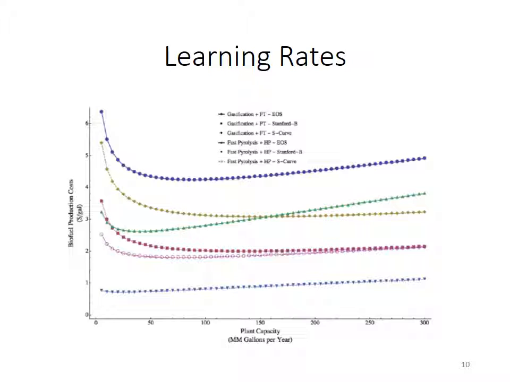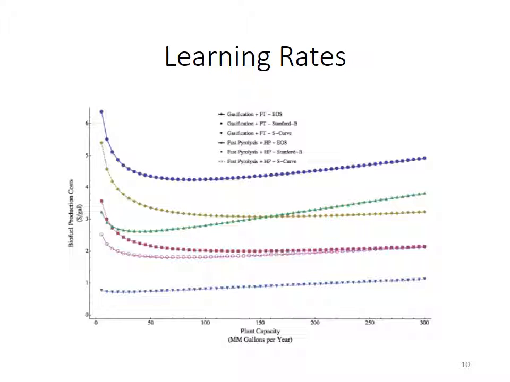The takeaway from this slide is that, for example, if you start at the very top with the blue circles, you can see that the impact of economies of scale suggests that you should build a gasification facility at a plant capacity of about 75 million gallons per year.